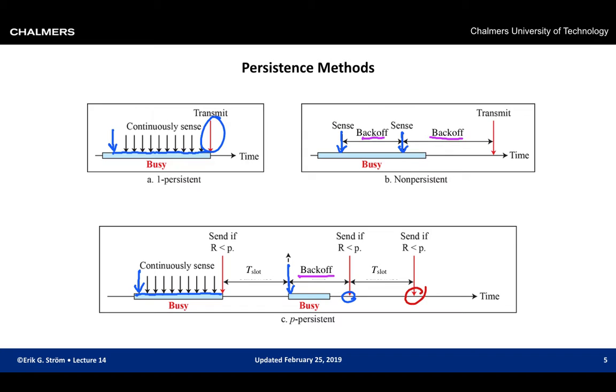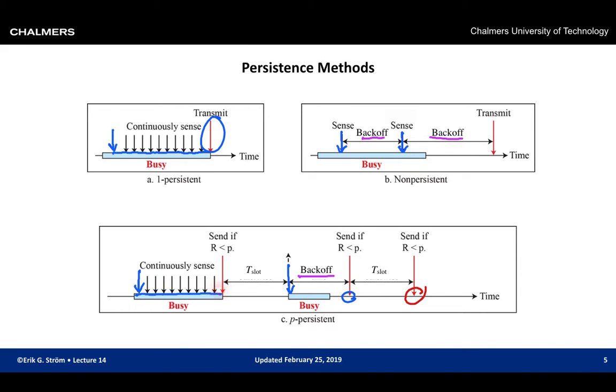Question: why does it continuously sense at the first t-slot? Why don't we continuously sense here? Well, one could, but this is not the way this protocol is typically implemented. As a matter of fact, one should probably do it so that one does not continuously sense here.